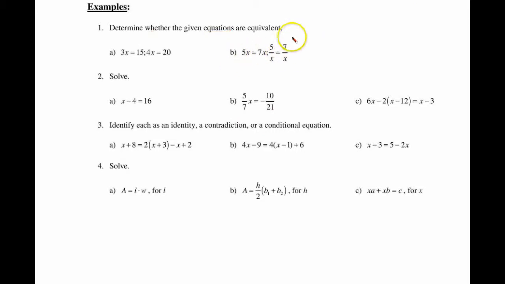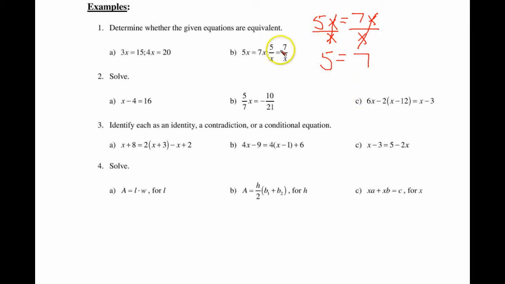Now in this next one, we have 5x equals 7x. If we divide both sides by x, notice the x's will cancel out, and we get 5 equals 7.